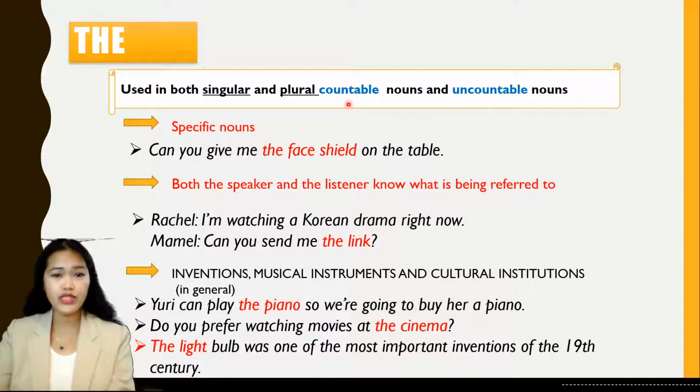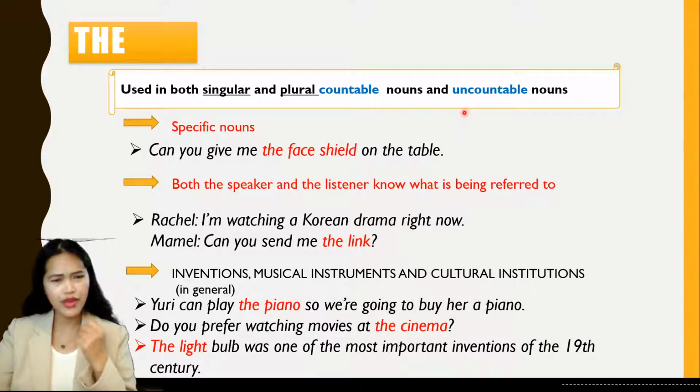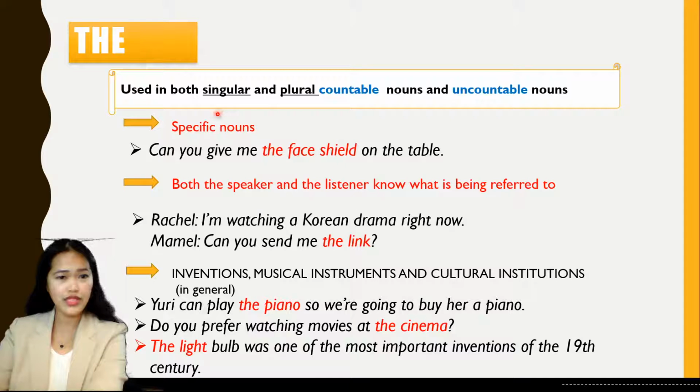And we use it with countable and uncountable nouns. Oh, so then how can we know that we are going to use the, not a, when we see a noun that is singular? So we use a or the. Here it is. The only difference is that we use the for specific and a for non-specific.